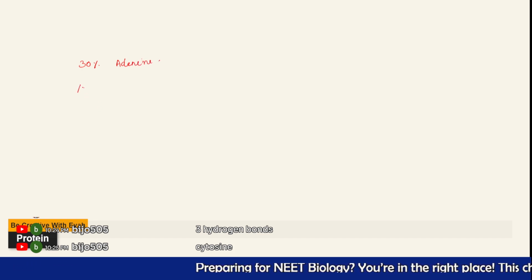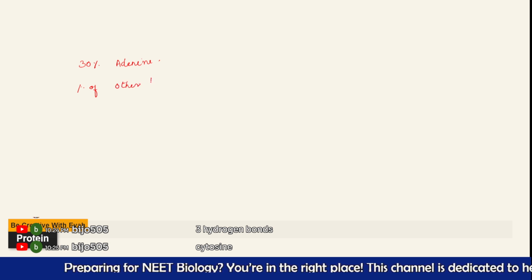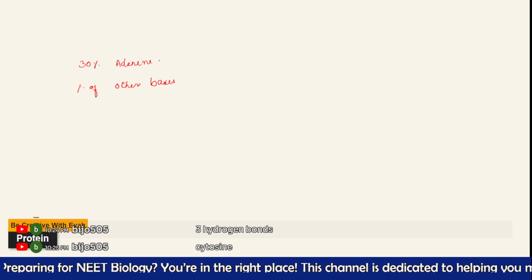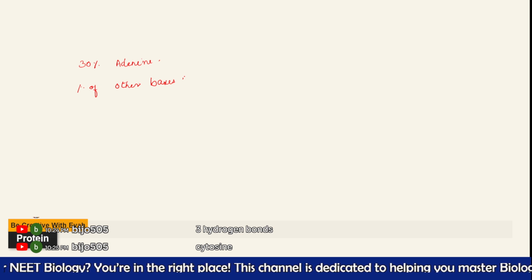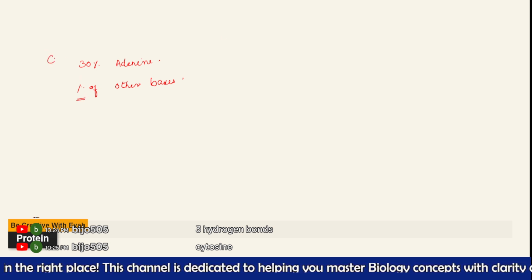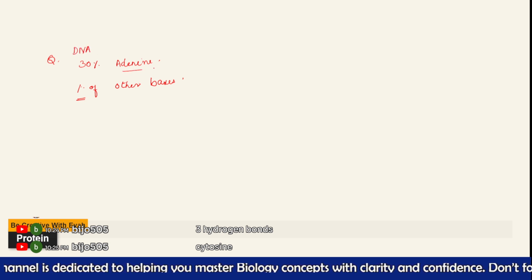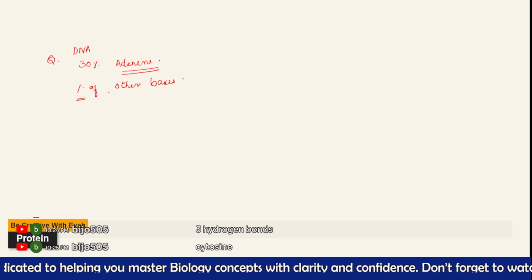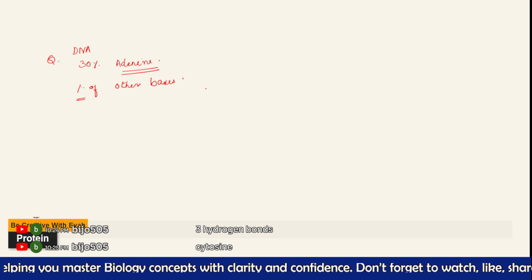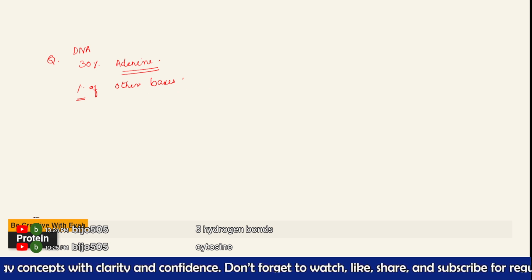What is the percentage of the other bases? I'll give you 2 minutes. So the question once again: in human DNA, there is 30 percent adenine. Find out the percentage of the other bases. Yes, fast, you have to do it.